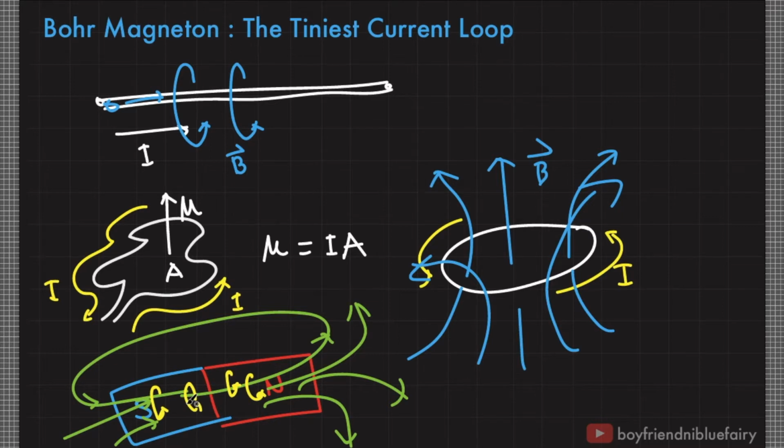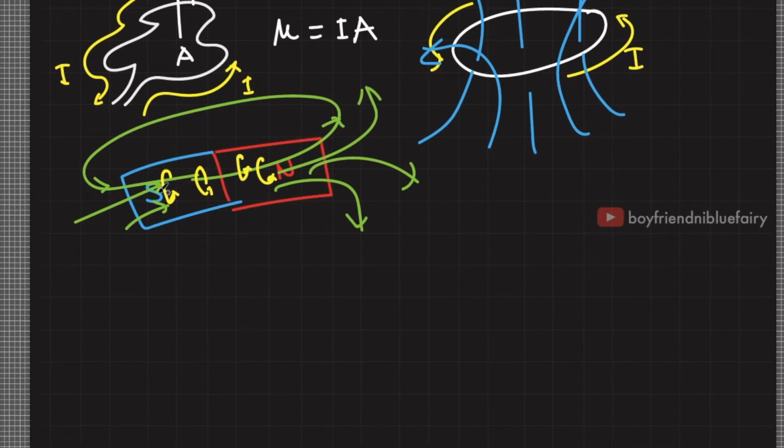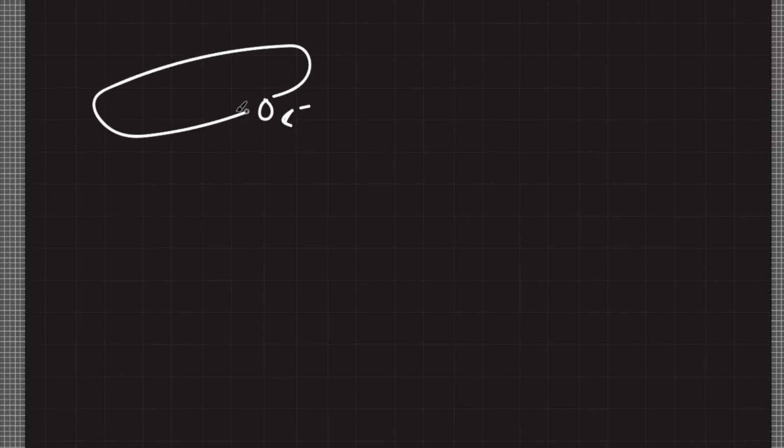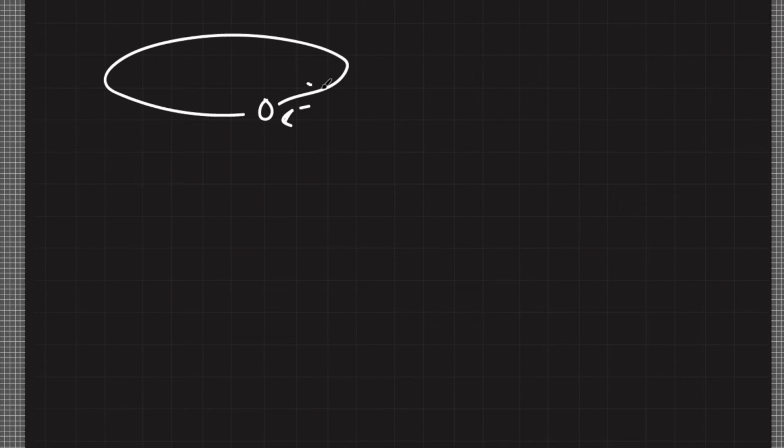So in this lecture, let's investigate the tiniest possible current loop. So I'm talking about a simple electron that is revolving in a perfectly circular manner. Let's assume that this electron moves in a perfectly circular manner and this is the center of its path.